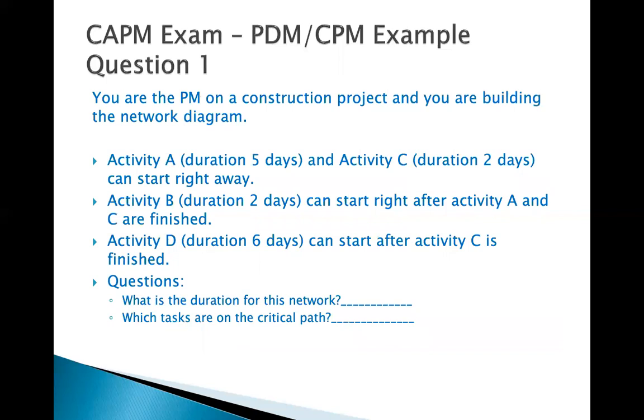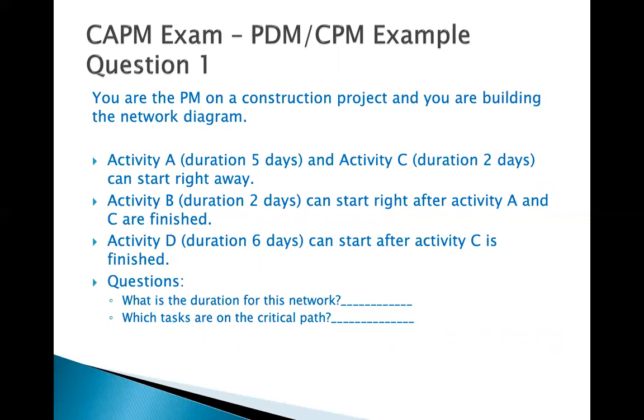This is the type of question that you may find on the CAPM exam. This is the given information, and they will provide the names of the activities, the activity durations, and also the logical relationship between them.